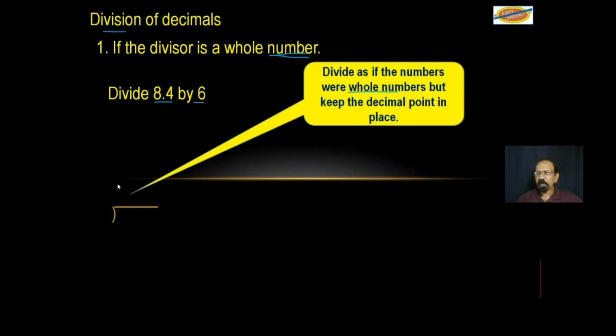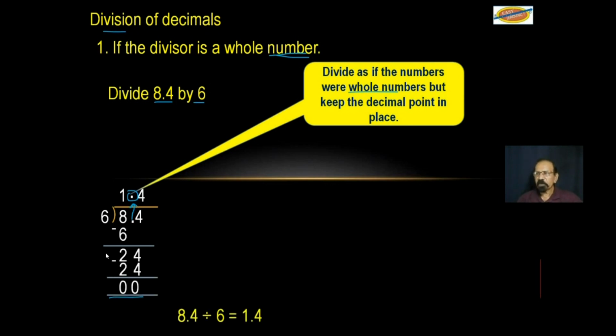So you set it up like this, with the 6 there, 6 into 8, 6 ones, 6, subtract those two, and you get 2 here, bring down the 4, but before you bring down the 4, you carry up the point. And so you bring down the 4 now, 6 into 24, 6 fours, 24, and you're finished. So that 8.4 divided by 6 is equal to 1.4.